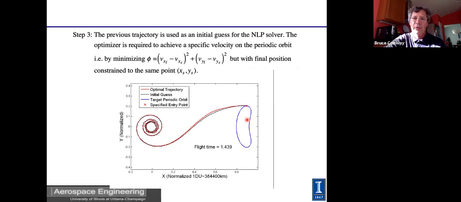Then we take that red trajectory and use it as an initial guess for a third solution that not only arrives at a point on that trajectory, but has just the right velocity so that it would then follow that Lyapunov orbit.